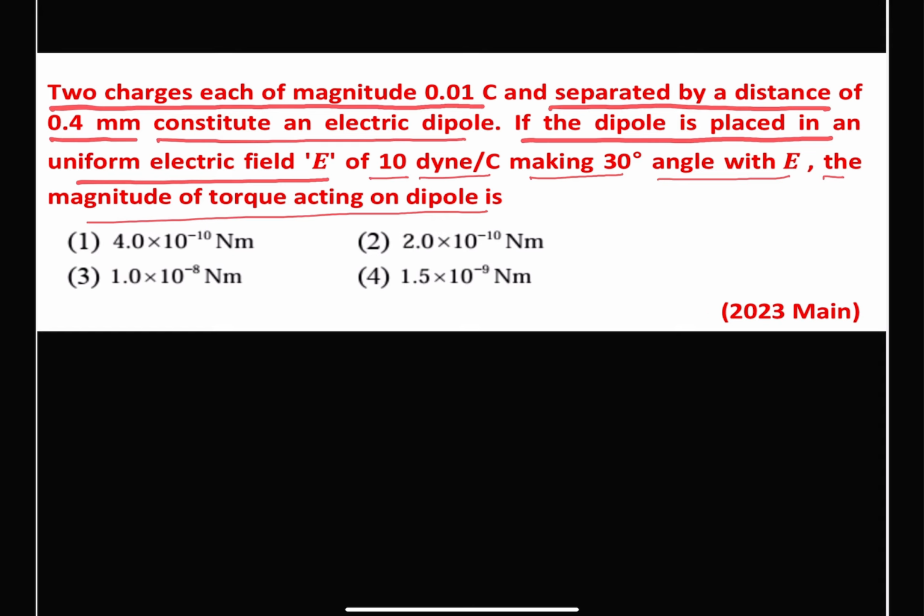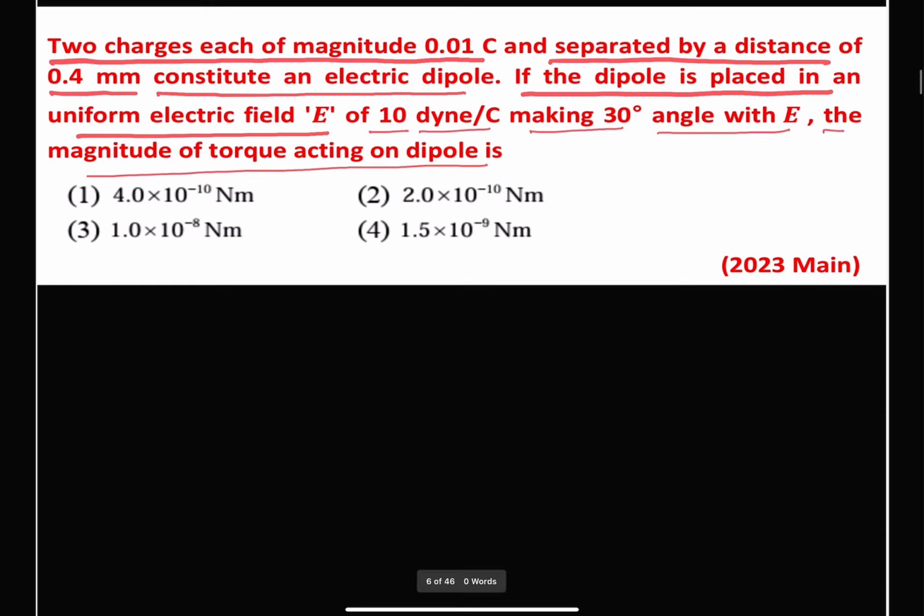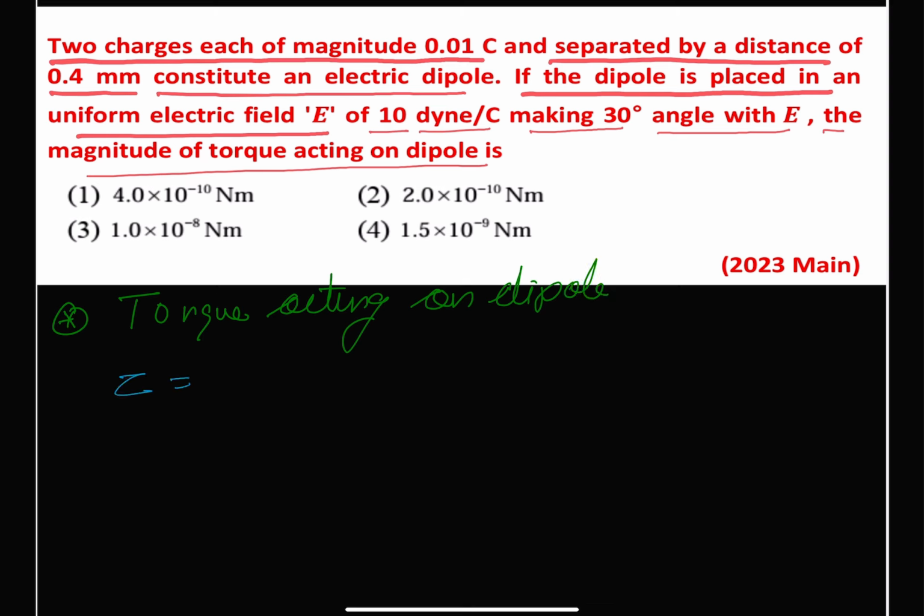and this is directly based on the formula. We can say torque acting on the dipole, that is tau, will be equal to dipole moment, electric field, and sine of theta, where theta is the angle between them.